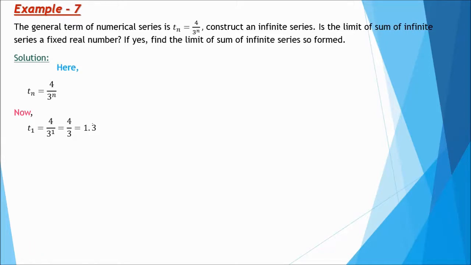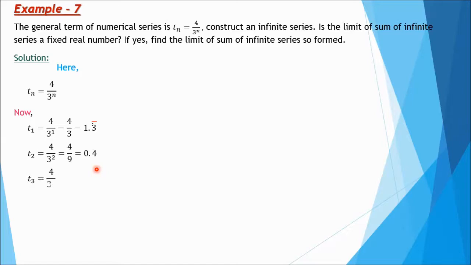It is a bar above 3, it means 3 3 3 3 3. There is a repetition of decimals. Now T2 is 4 by 3 square, which is 4 by 9, which is 0.4 with a bar here also. The bar means 4 is repeated. It is a non-terminating decimal and 4 is repeated.